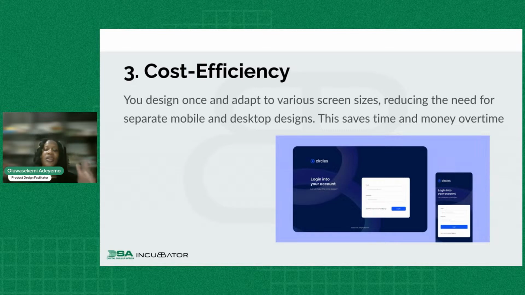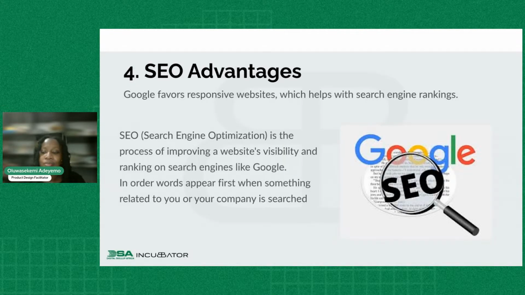Exceptions come into play where you need separate designs, or you need very contrasting differences. So if that is not in play, it does very much save time and money over time, like in the long run, basically.